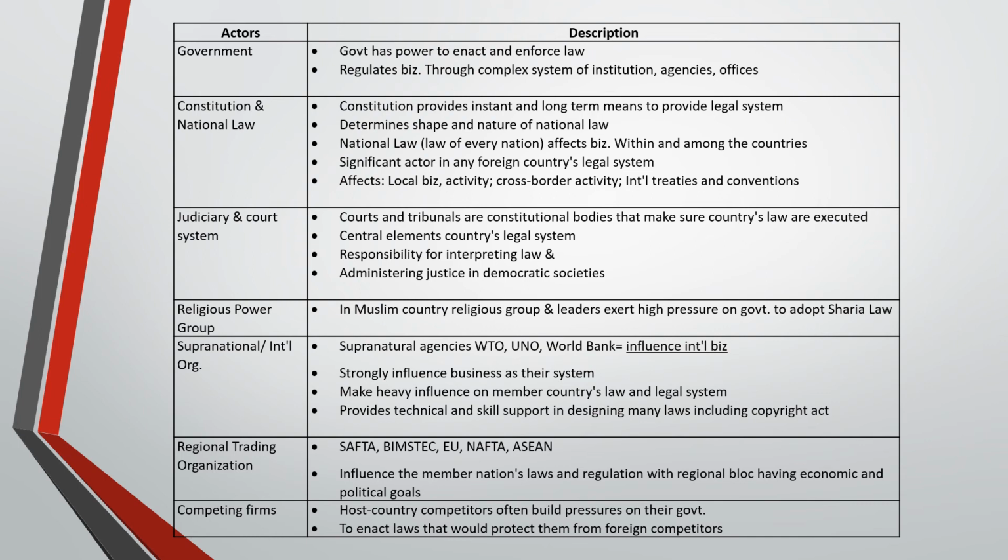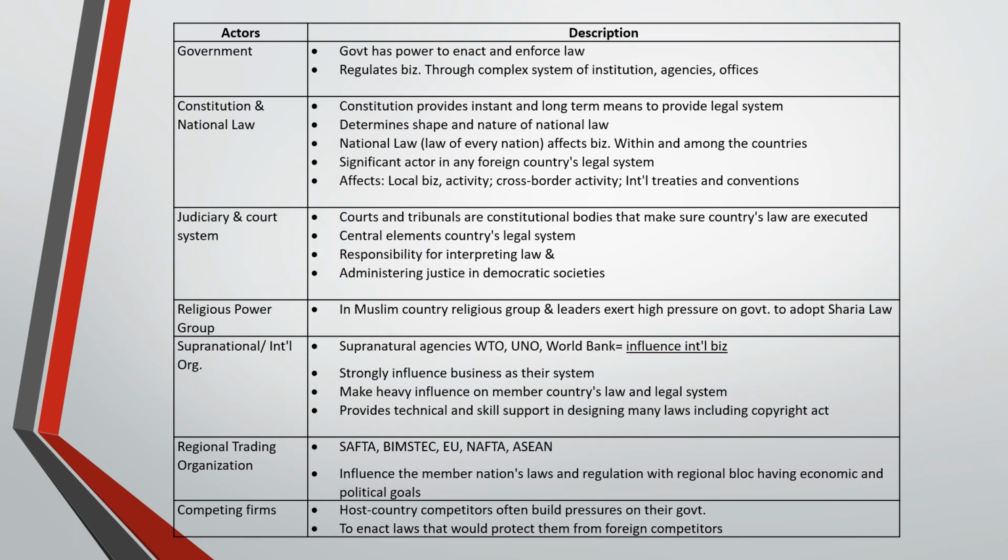Next we have supranational international organizations, which include WTO, UNO or World Bank. They highly influence the business and their system. They make a high influence on the members of the country's law and legal system. They provide technical and skill support in designing many laws, including the Copyright Act. Next we have regional trading organizations like SAFTA, BIMSTEC, EU, NAFTA, ASEAN.